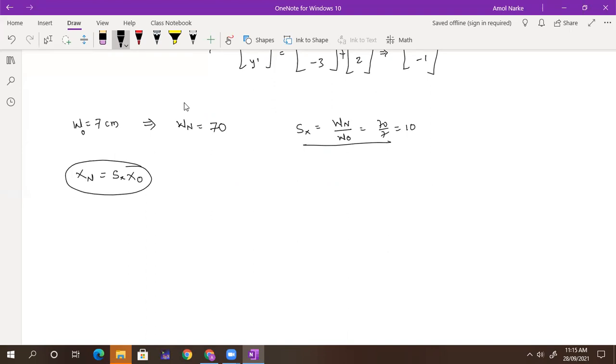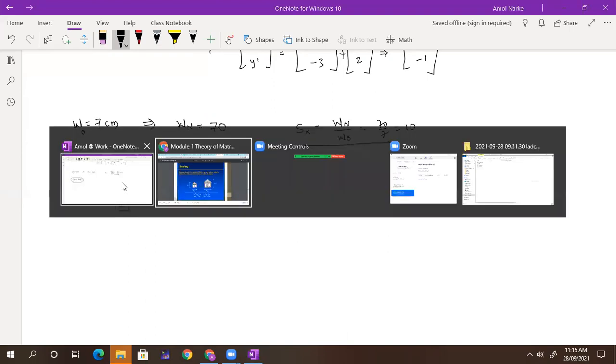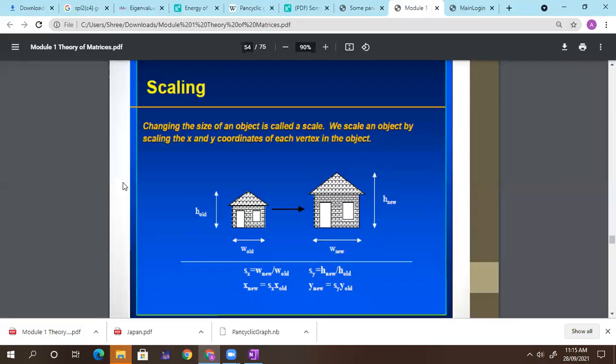Everyone understand that? Yes, sir. Okay, so that is what I have written here, but using different notation. My X new is nothing but Sx times X old. Corresponding to the X direction, I'm going to enlarge it. So how many times am I going to enlarge it? That is Sx. How am I going to calculate Sx? That Sx is nothing but the ratio, that number.